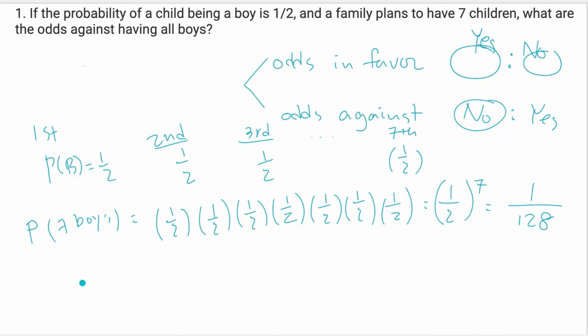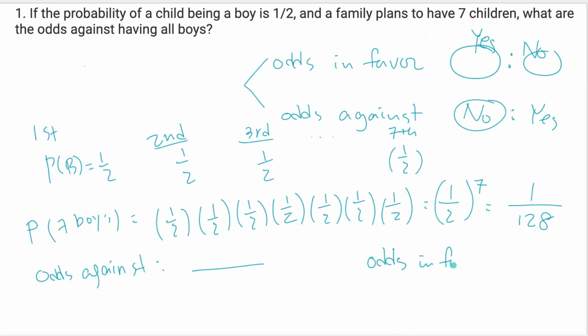So knowing that, we know odds against is this. Out of 128, let's go with the odds in favor first, because I think it's easier.